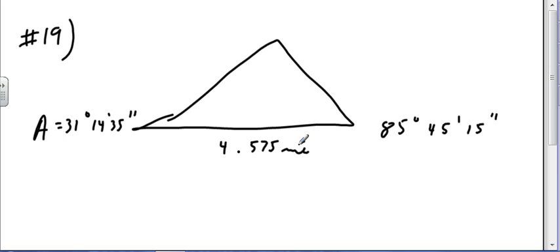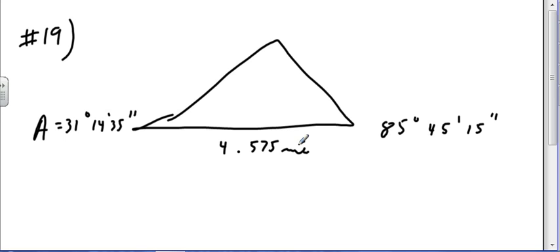Okay, so I would go 180 minus 31, hit the math key, move over to degree, minutes, seconds, hit the 1 button. 14, hit the math key, move over to degree, minutes, and seconds, hit the 2 button. 35, hit the math key, move over to degree, minutes, seconds, hit the 3 button.